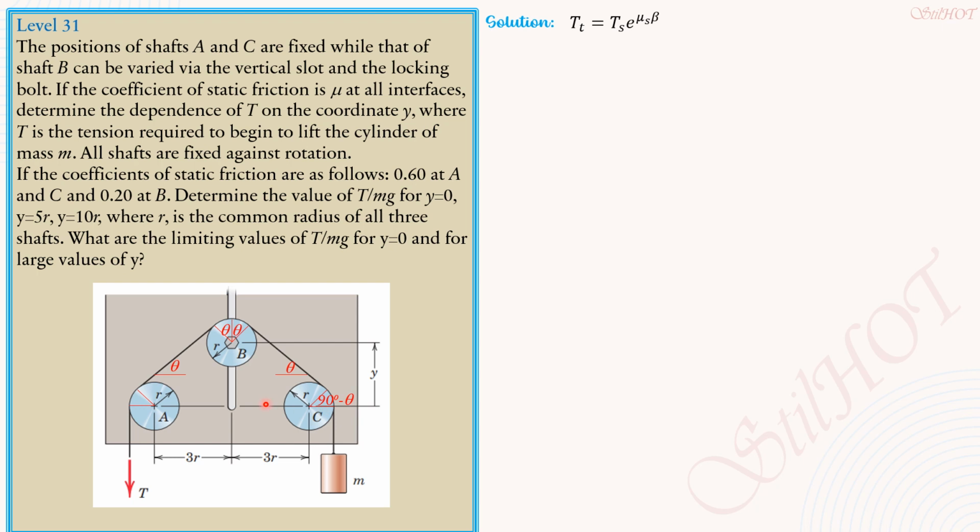So this is 90 degrees minus theta. This is also 90 degrees minus theta. Therefore, the angle of contact at A is equal to that at C, and it is 90 degrees minus theta.